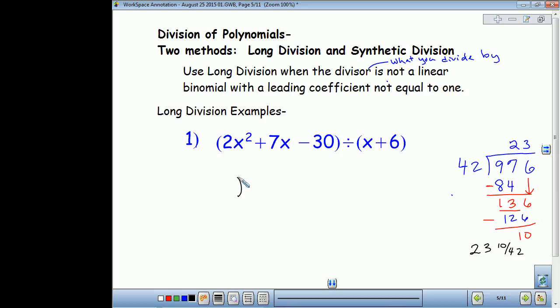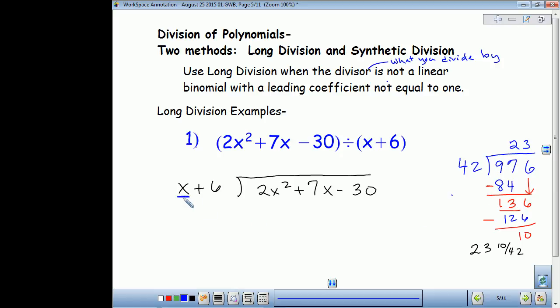Okay, so when we set up long division, the divisor, that's the name of the thing we divide by, goes out here. The dividend goes under. Dividend is what we divide into. And what do we call the answer to a division problem? Quotient. Good. Okay, so just like we did over here with plain old numbers, we do the same process.